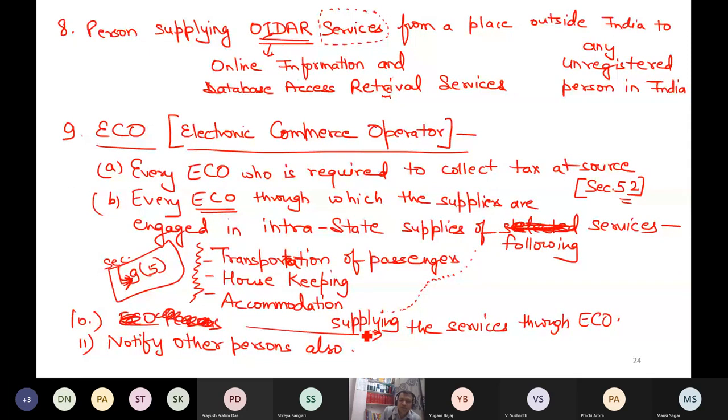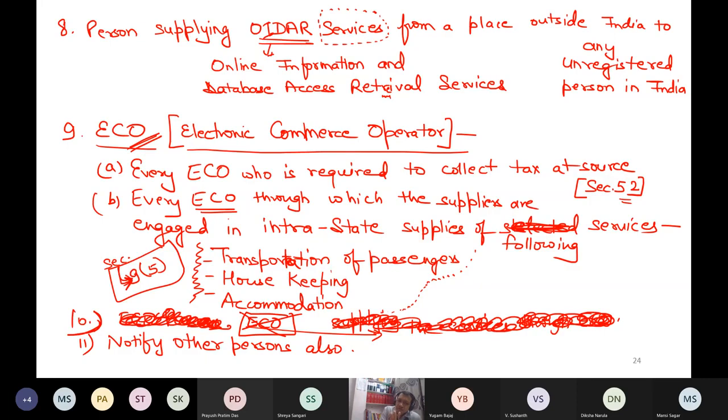It requires further discussion. For the time being, let us skip this 10th point. Here we have some persons who will supply goods and services through ECO. Because these three ECOs will create a little bit of confusion, as there are already two types of ECOs, and this will be the third category. Otherwise, there will be three different points where the electronic commerce operator word will be used.